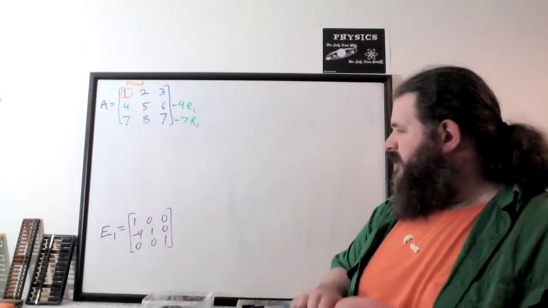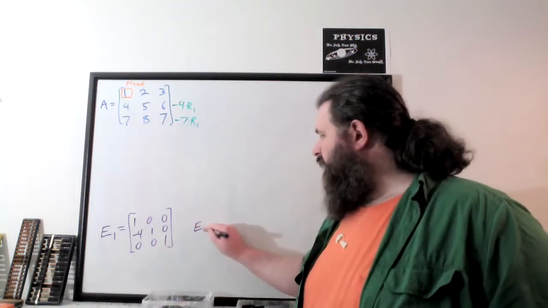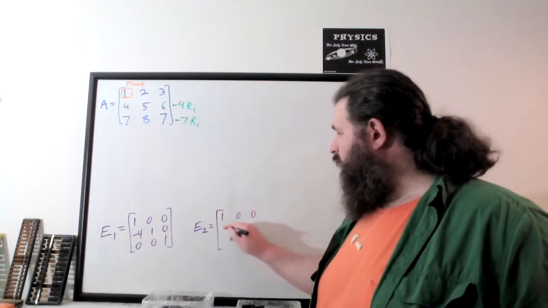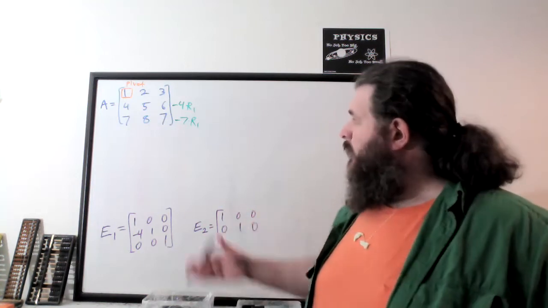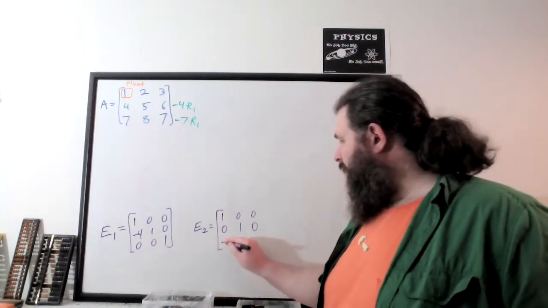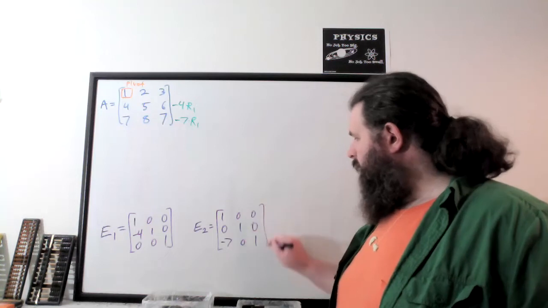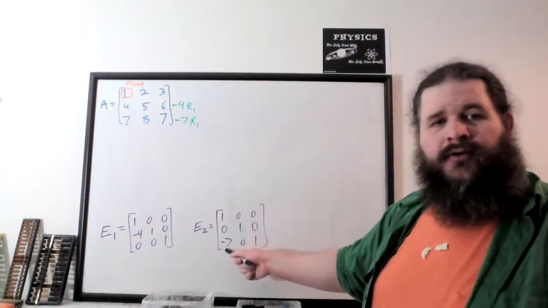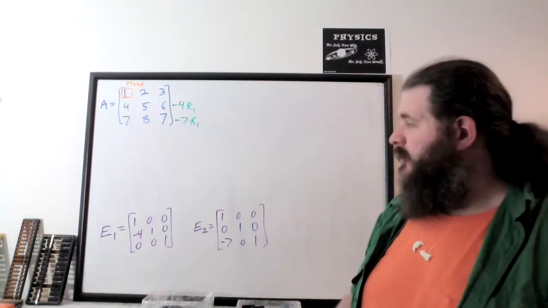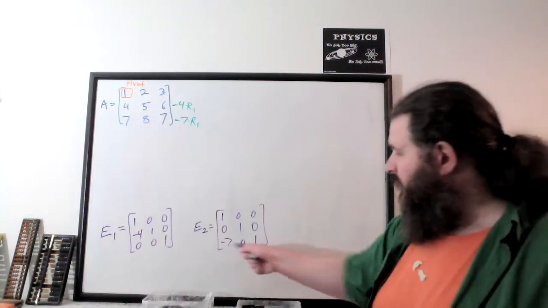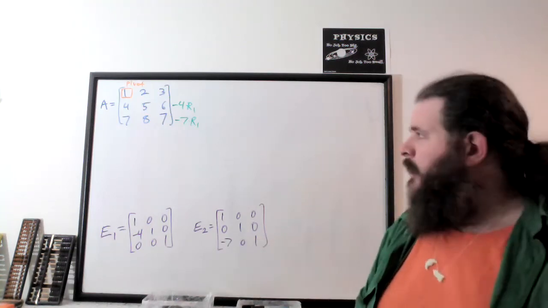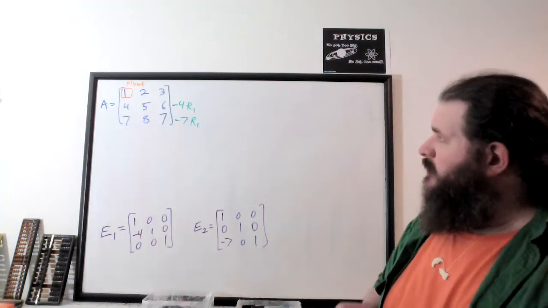However, I'm still going to write this as a separate transform matrix. E2, we're not changing row 1. We're not currently changing row 2, but we're changing row 3 by subtracting 7 times row 1. So I'm going to write that as -7, 0, 1. Because we're taking -7 times the first row plus nothing from the second row plus the third row exactly as is. That's our new third row. This row is essentially a recipe or a set of instructions for building the new third row. And that's pretty much all we can do with that first pivot.